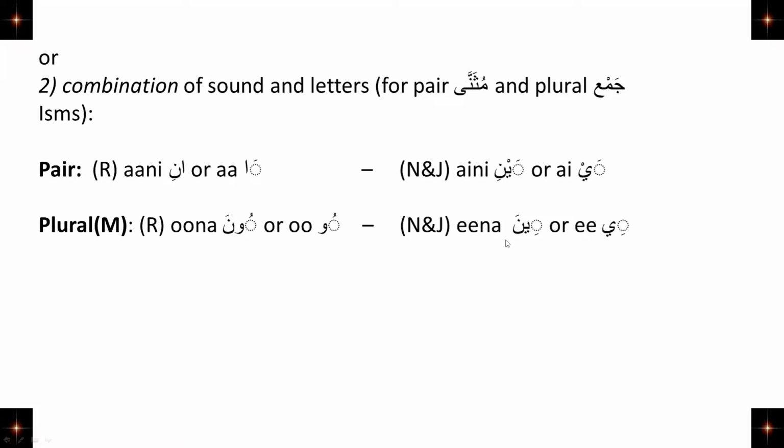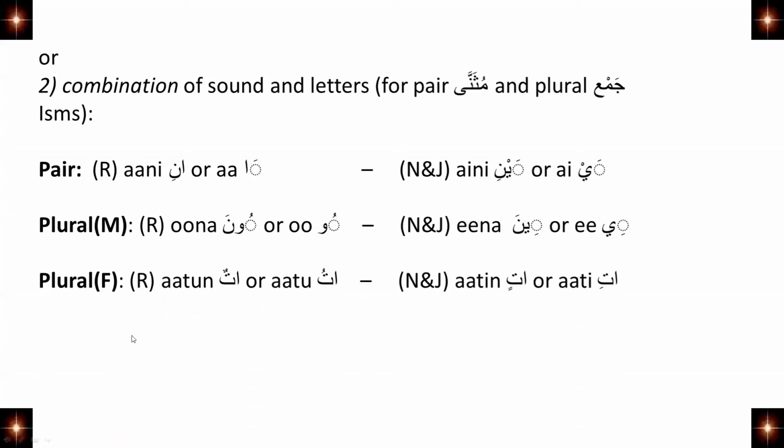Now, nasb or jar, meaning that it depends on the context that you'll be able to know if the ism is in nasb or jar status. Don't forget, rafa, nasb, jar are status. But the ani, aini, ina, these are all signs. These are signs for the rafa, nasb, jar.